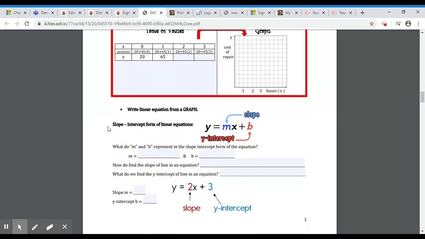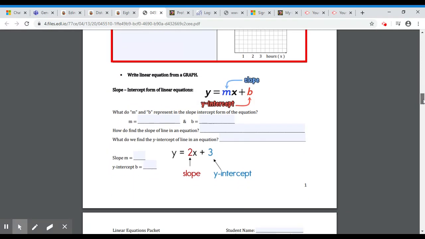So remember that our slope-intercept form is y equals mx plus b. And as we went over in week 2, we should know now how to identify our slope, which is the m, which is what's attached to your variable, and your y-intercept, which is away from the variable and tells us where the line crosses the y-axis, or where we initially start from.